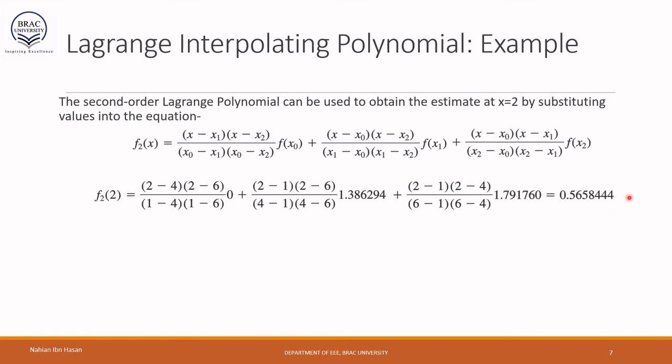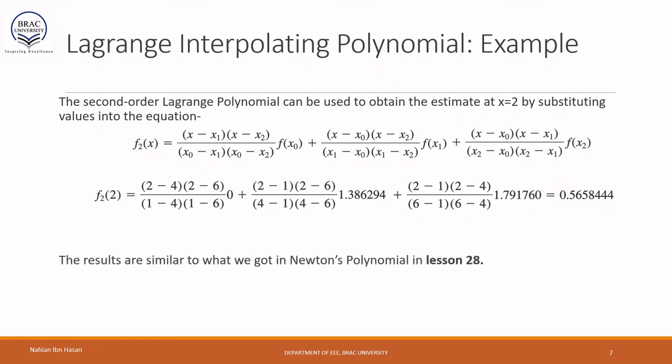So this is the result when you use the second order Lagrange interpolating polynomial. So you see the result is more accurate than the first order case.